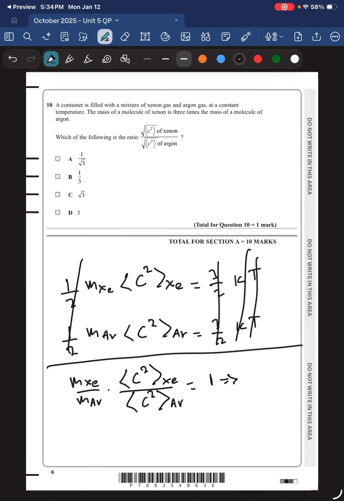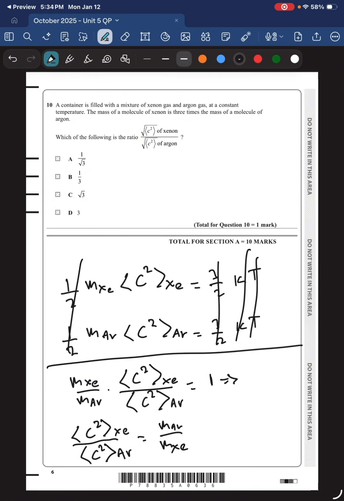We have to take the square root of this thing actually. Okay, so I'm gonna do it in the next step. So c squared for xenon over c squared for argon is mass of argon over mass of xenon, right?